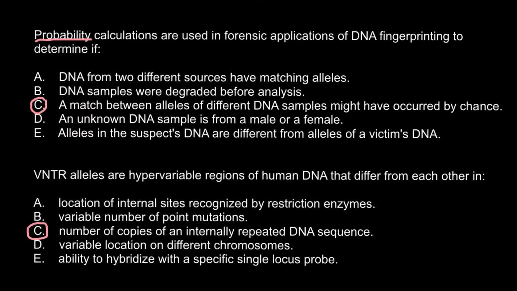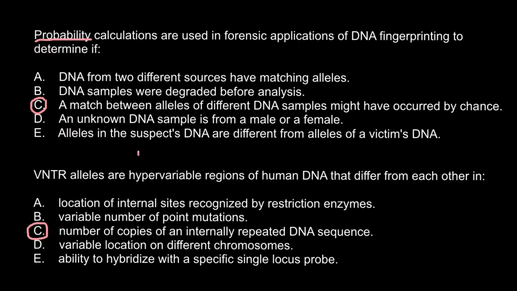So, as I said, in the CODIS system, and CODIS stands for the Combined DNA Index System that was developed by the FBI, we have 13 loci, and in each locus we have a different number of tandem repeats of the core sequence.